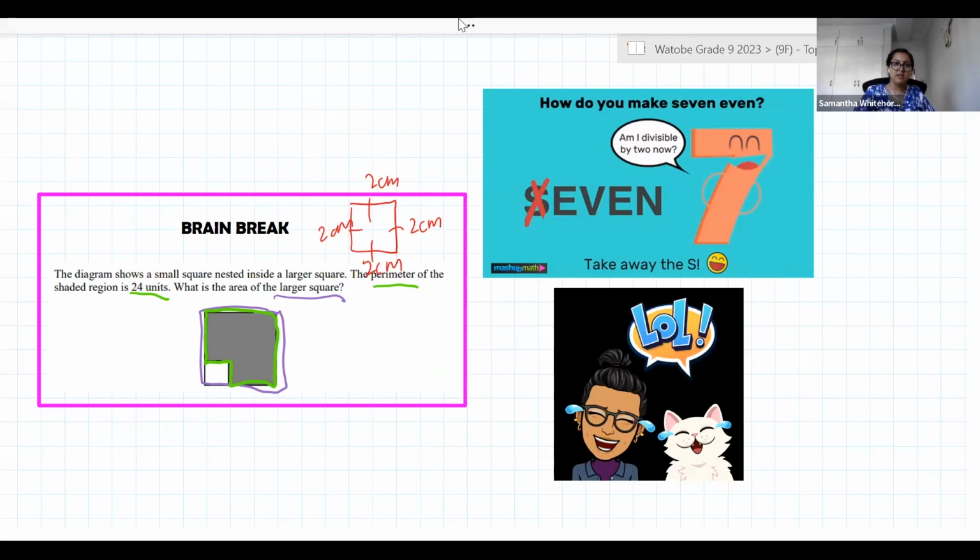Anyone got any ideas for our square? What is the area? I've really given you a challenge this week, so don't stress if you're struggling. It's good. I did challenge you today.